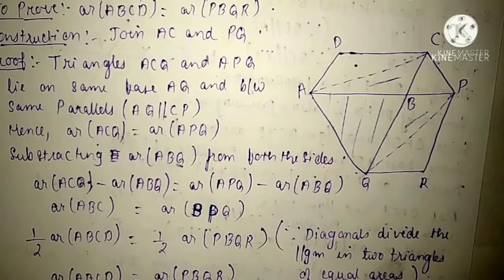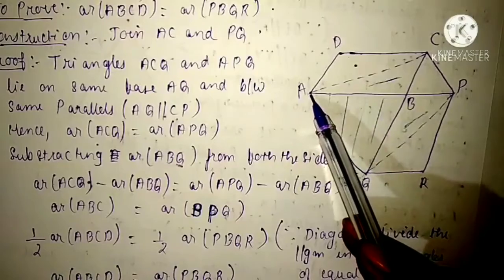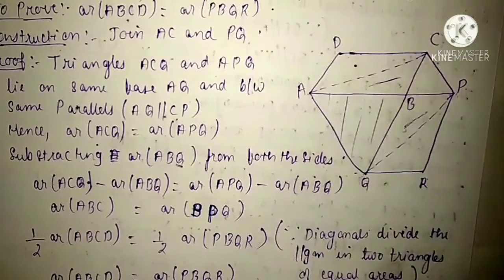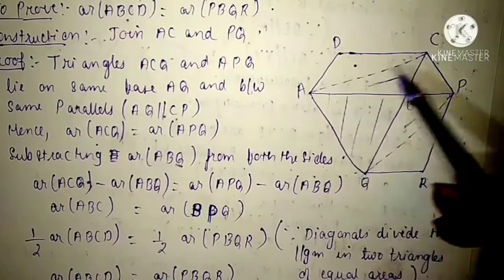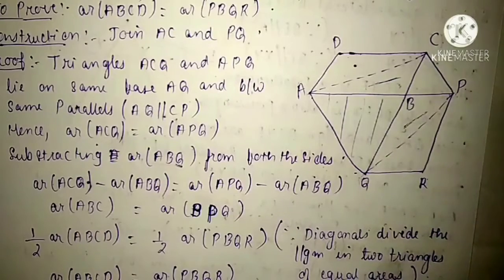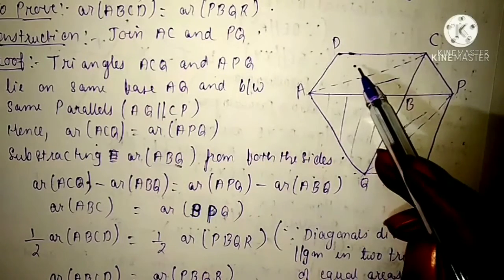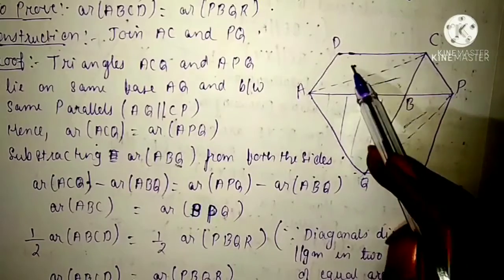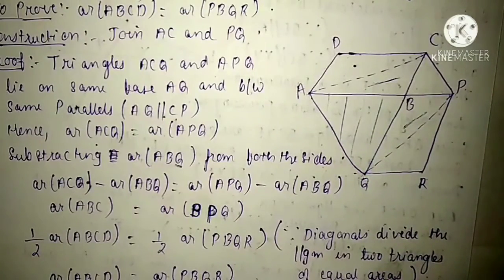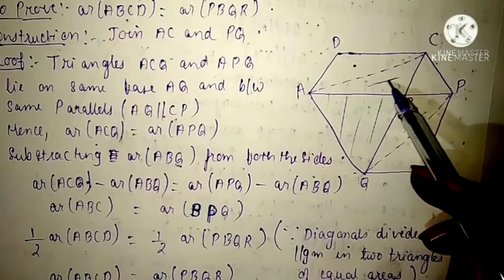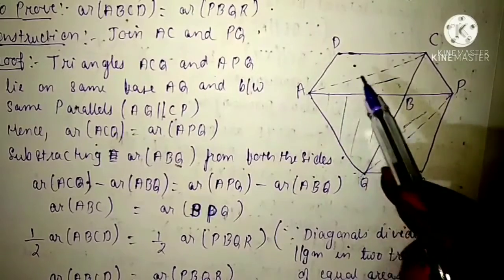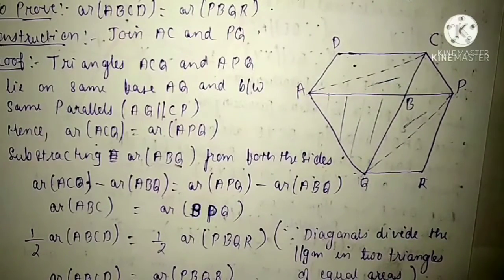Now we can see that in parallelogram ABCD, this is a diagonal and we know that a diagonal divides the parallelogram into two triangles of equal area. That means area of these two triangles will be equal. We can also say that area of one triangle will be equal to half of area of parallelogram, okay.